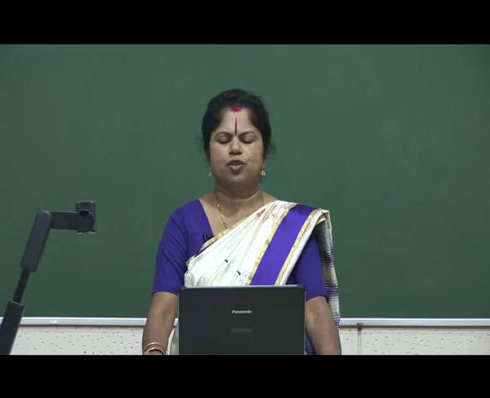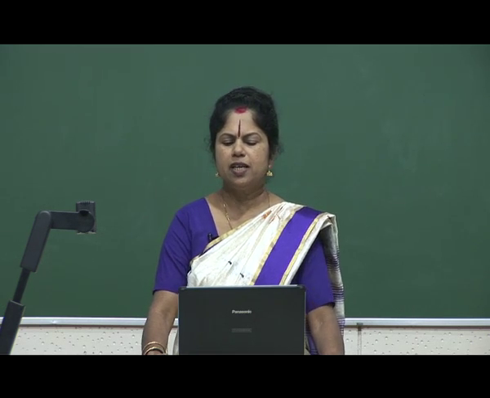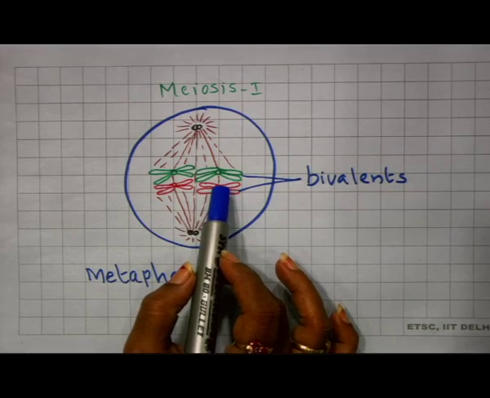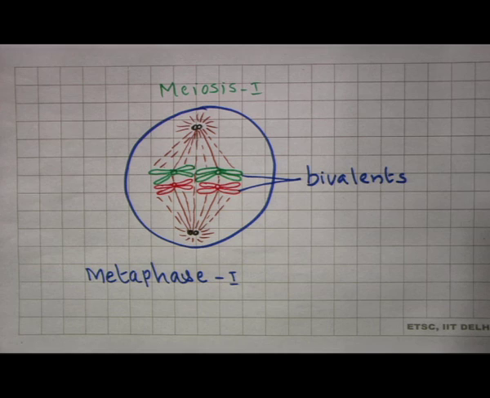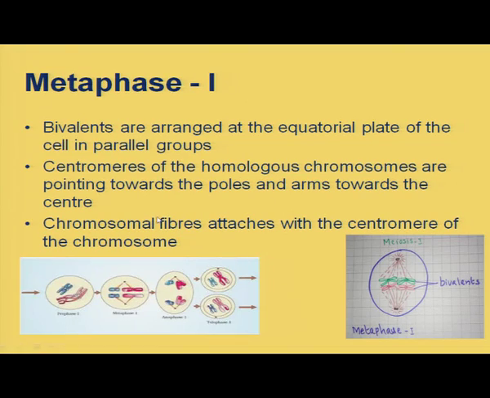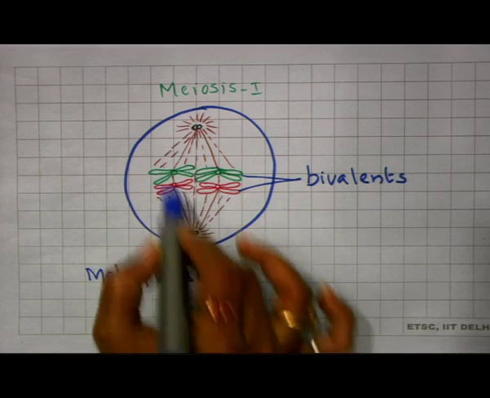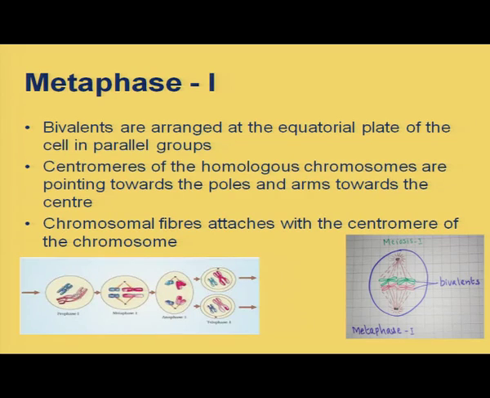The centromeres of the homologous chromosomes are pointing towards the poles. See the diagram clearly. You can see that they are pointing towards the poles and the arms towards the center. Arms are lying at the center position and the centromere is pointing towards the poles. So this particular arrangement we can see here in metaphase 1 of meiosis.